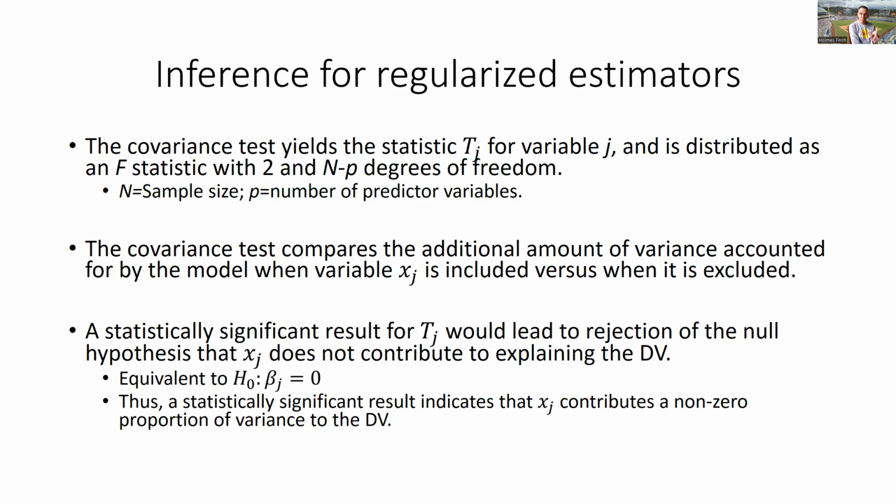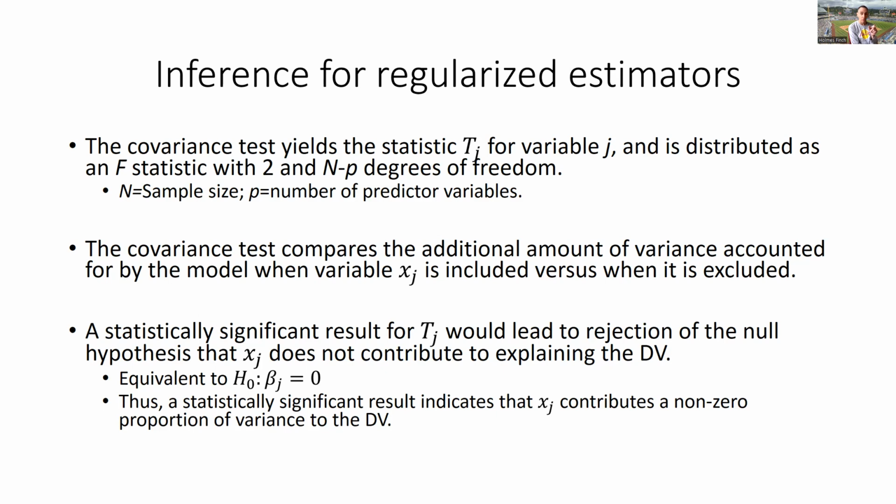And basically, here's how it works. The covariance test says, how much additional variance in the dependent variable does the independent variable I'm interested in, variable j, account for when it's added to the model? So basically it's saying, let's run a penalized regression with our target independent variable, and let's run it without the target independent variable, and let's see how much additional variance it accounts for.